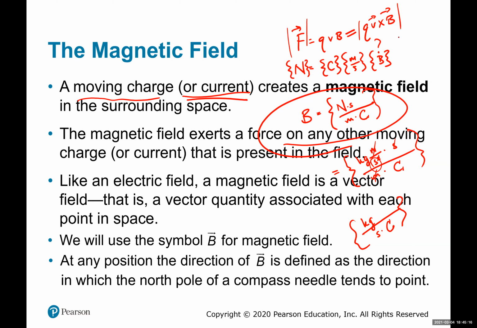That's kind of where we landed on Tuesday, and we had sort of discussed the fact that this says, or current, and at the time I claimed that it made sense because current is really just moving charge. So if the magnetic field exerts forces on moving charges, it should make sense that it exerts forces on current as well. But we didn't say much about that until today.